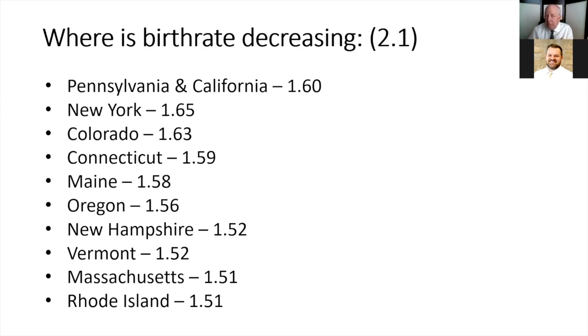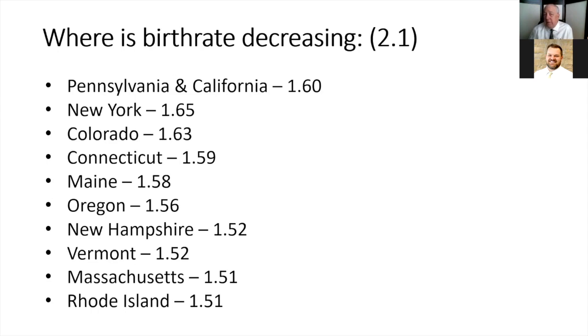That means the people who've been there for a long time are older, and they're growing older quickly. New York, Colorado, Connecticut, and boy, when you get down to Connecticut at 1.59 children per woman, that's not good. In Maine, I've often made the joke that with the last child in Maine, please just turn off the lights when they leave, because it's going to get dark.